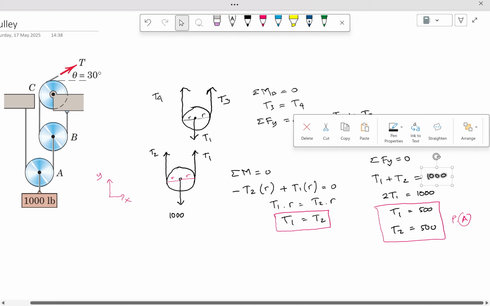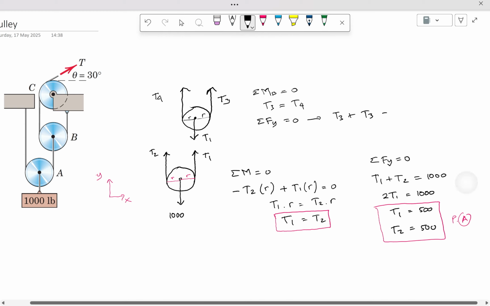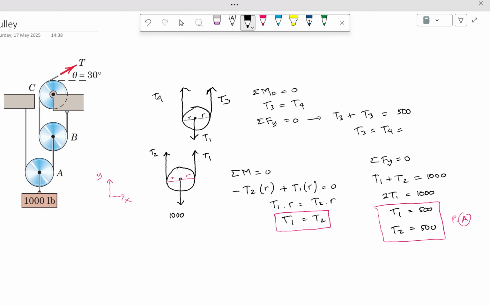Then if you see here, sigma force in the y direction equals 0, then T3 plus T4 equals T1, which is in the opposite direction, whereas your T1 is 500. So your T3 equals T4 equals 250.